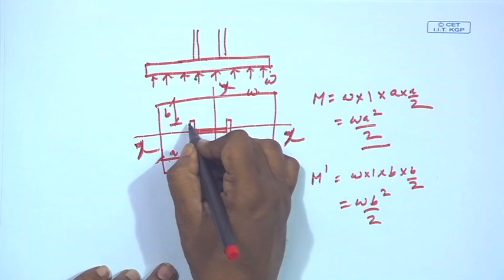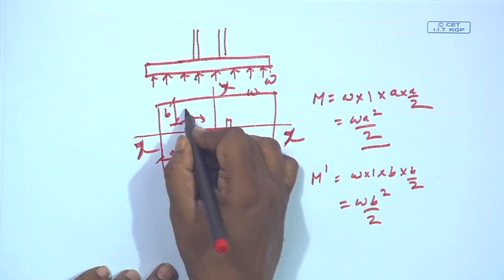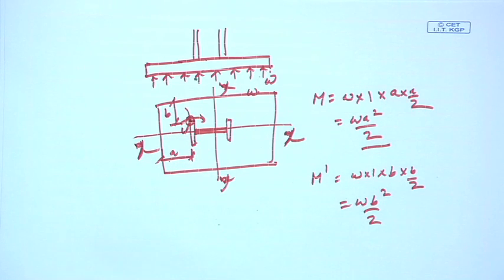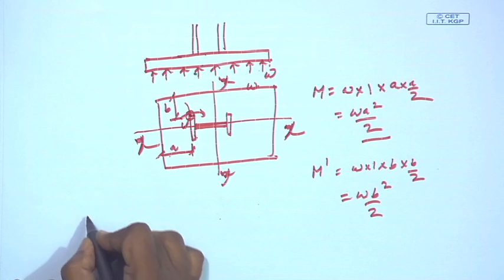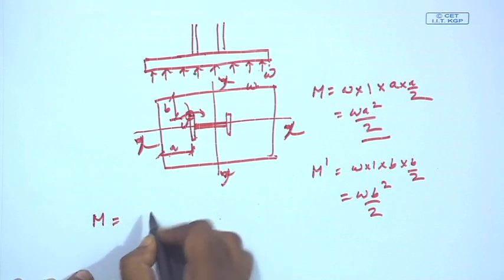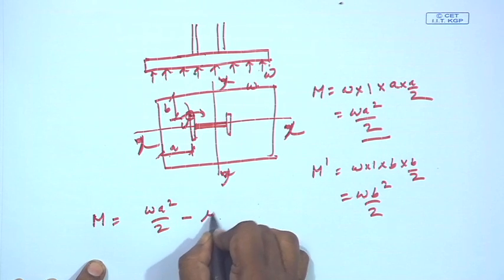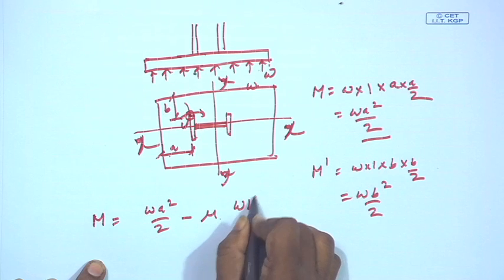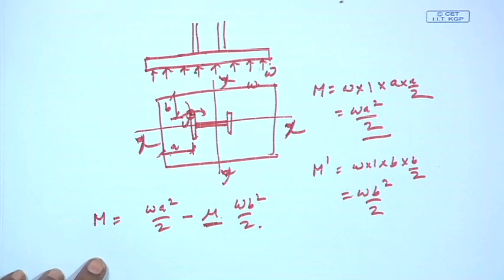So, the maximum bending moment at this point about two directions I can find out. So, the effective moment we can find out in one direction as W a square by 2 minus mu into W b square by 2, where mu is the Poisson ratio, and for steel we can consider mu as 0.3.